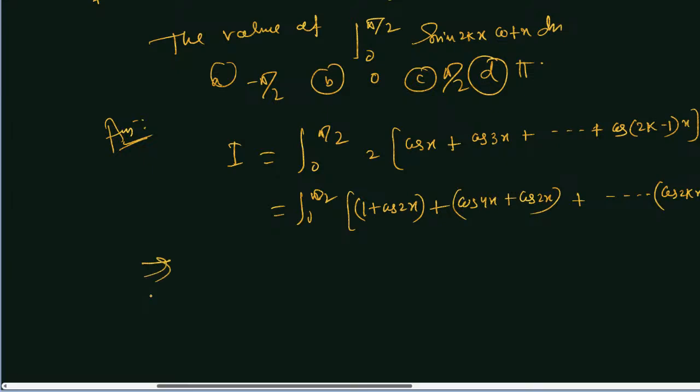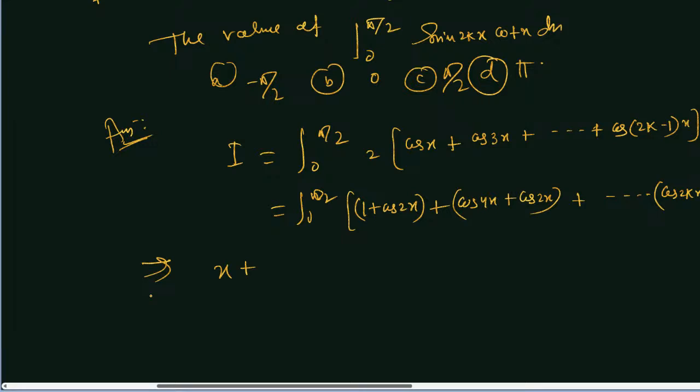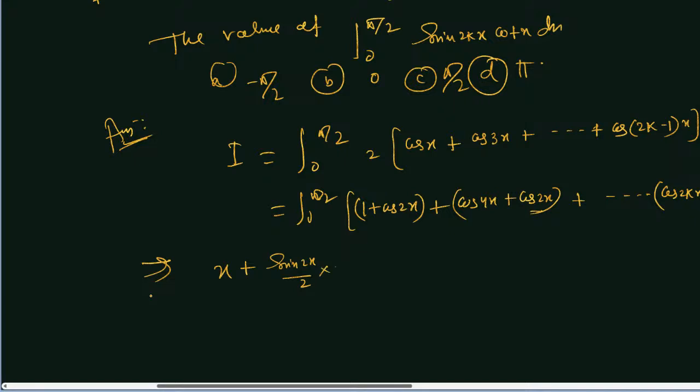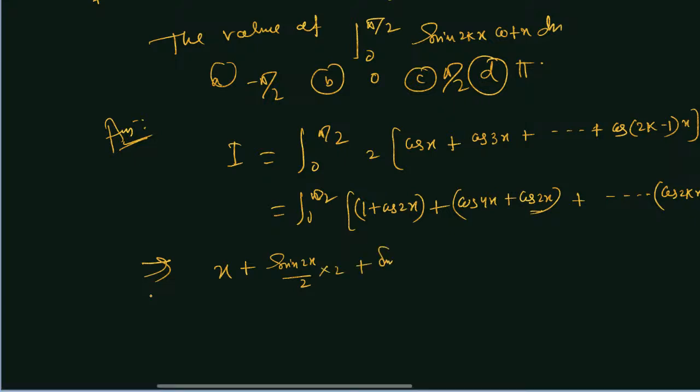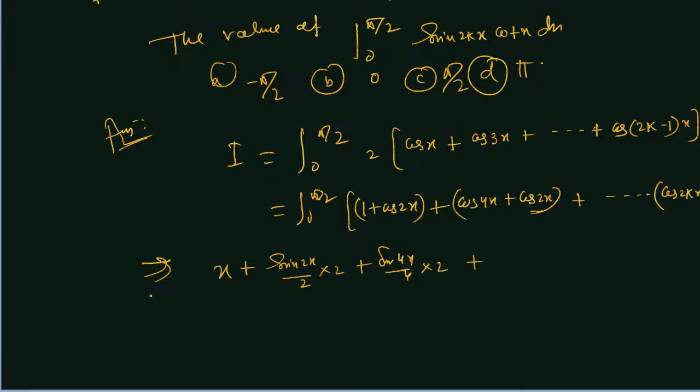So if you integrate, it's going to be x plus sin 2x by 2. This one also sin 2x by 2 into 2, and this is cos 4x, sin 4x. Another sin 4x will come. Just multiply by 2 like this.